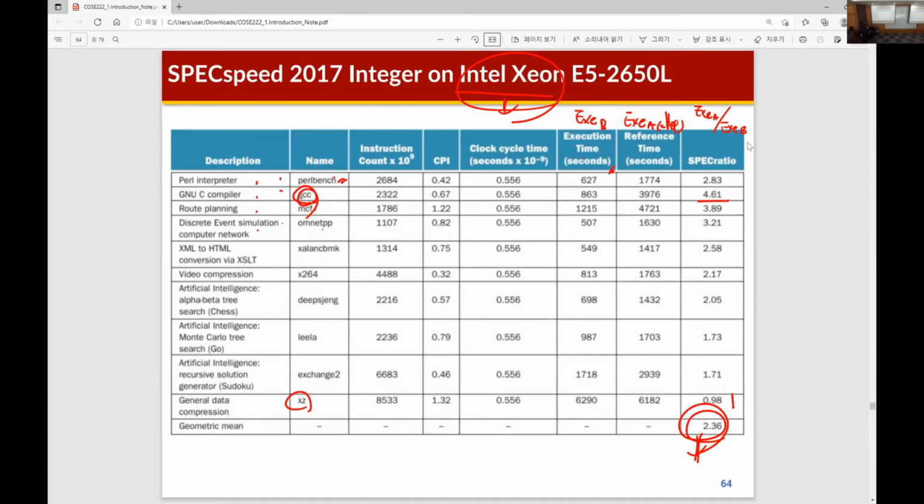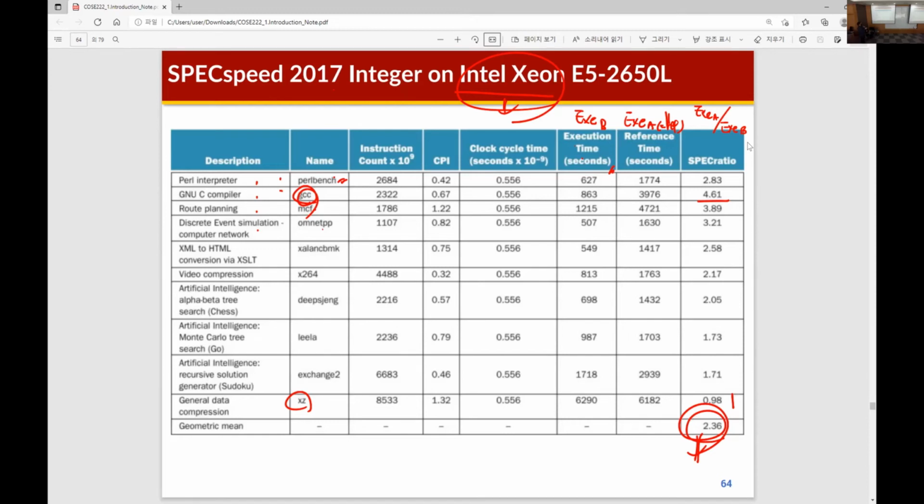And then we can compare it with the execution time measured on some test bed system, that is, the system whose performance is measured. So we can also measure the execution time on our own machine or on the test bed machine, and then compare these execution times. And what is this SPEC ratio? It's actually this value divided by this value. So this is the SPEC ratio.